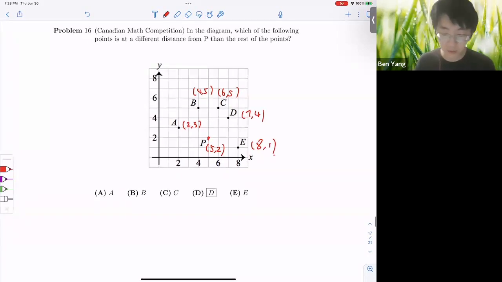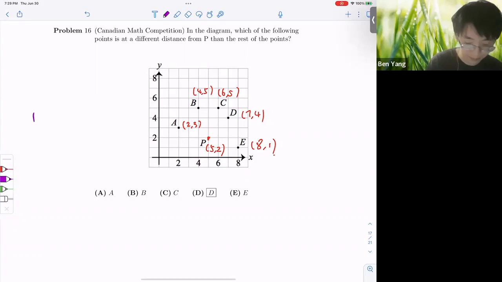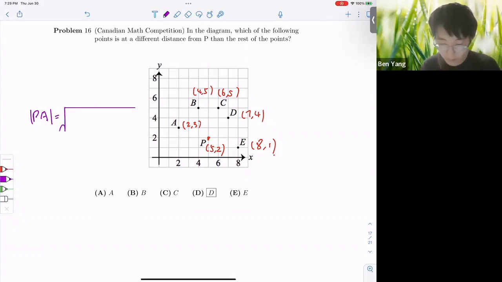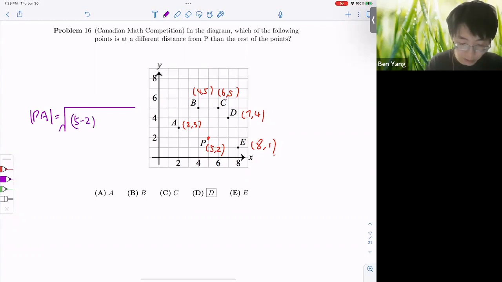Here, we want to find the distance between some of the points. And the way to find distance is to use the Pythagorean theorem. For example, the distance between P and A is the square root of (5 minus 2) squared plus (2 minus 3) squared.